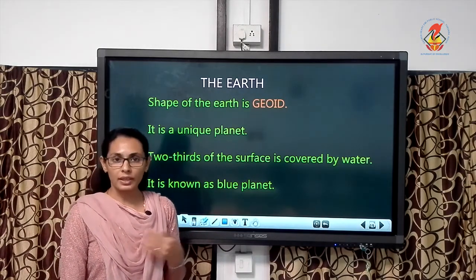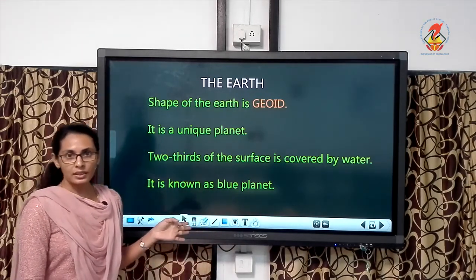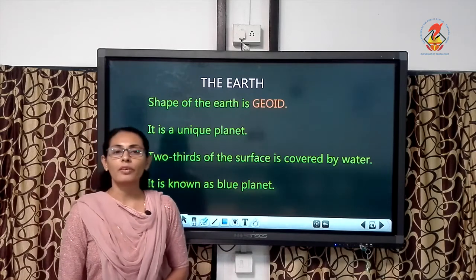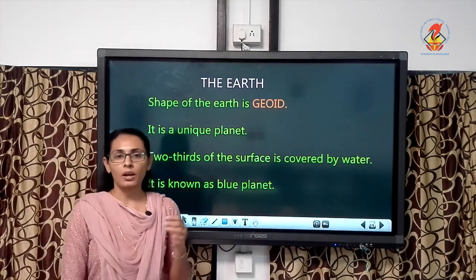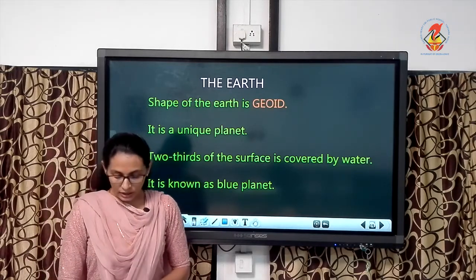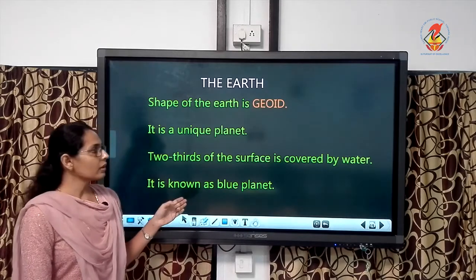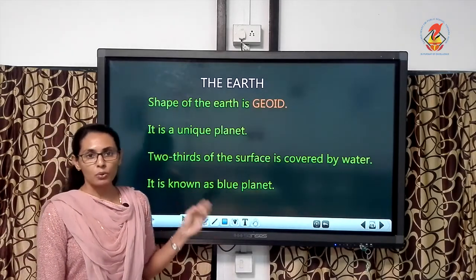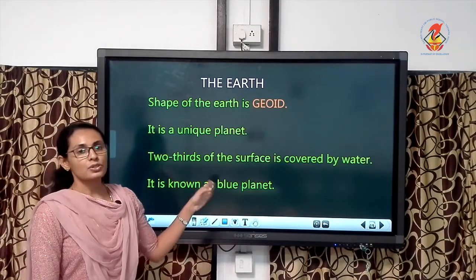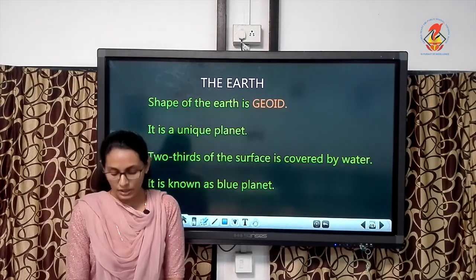Planets do not have their own light; they are lit up by the sun. There are 8 planets, and all move in a fixed path known as orbit, and orbital days are different for different planets. Then the Earth: its shape is geoid, it is a unique planet, a blue planet, and two-thirds of its area is covered by water. Clear, children?